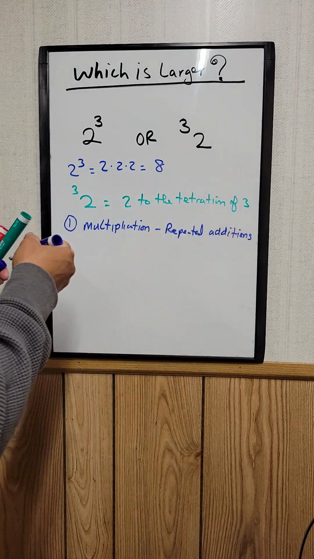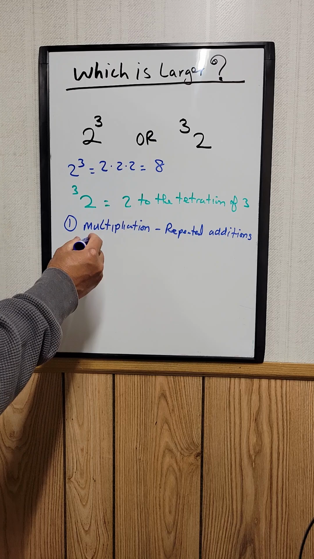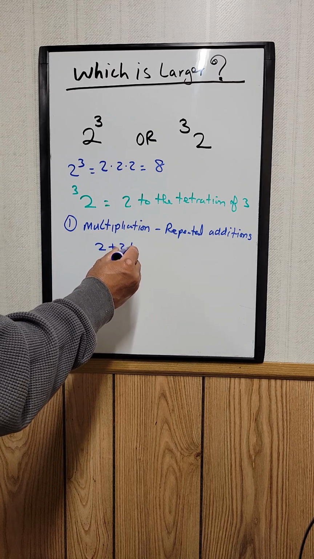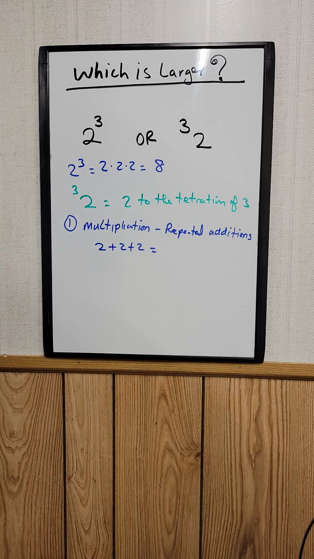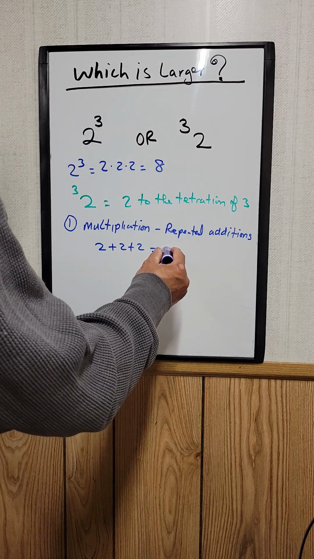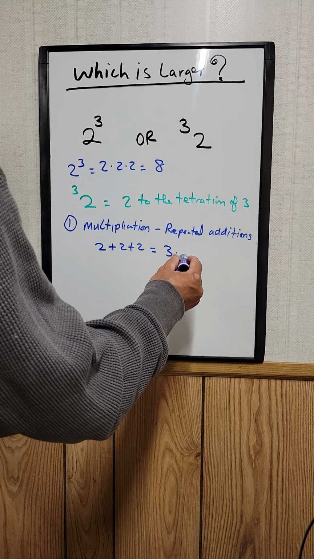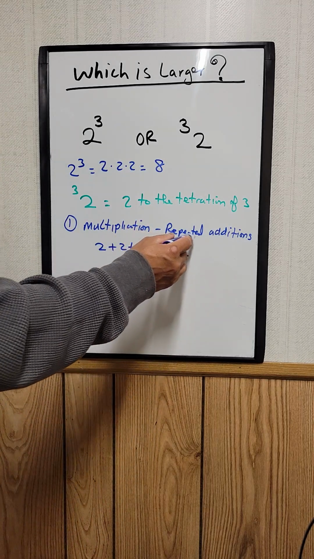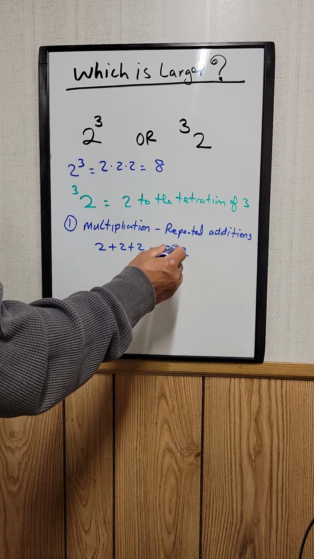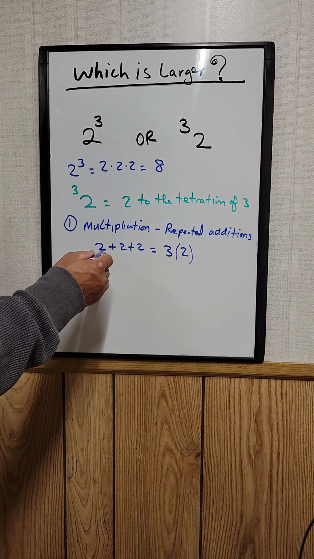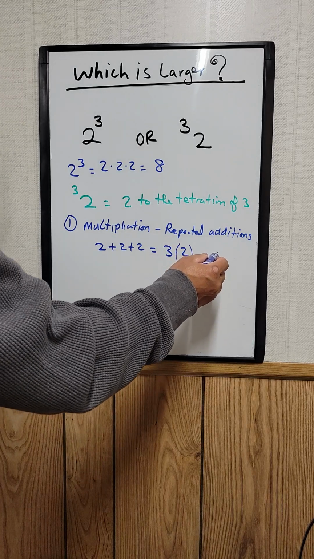For example, 2 plus 2 plus 2. What is that equal to? It's just equal to 3 times 2. So you repeat the addition. So 3 times 2, which is 6.